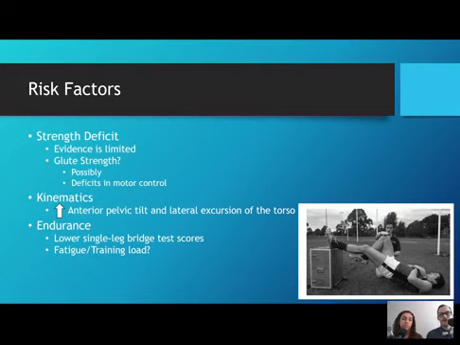They also found that those with an increased lateral excursion of the torso went on to sustain a hamstring strain injury. What that means is essentially that when the subjects were running, they had an increase of their trunk going side to side. I think this really highlights the importance of core control in preventing or treating hamstring strain injuries.